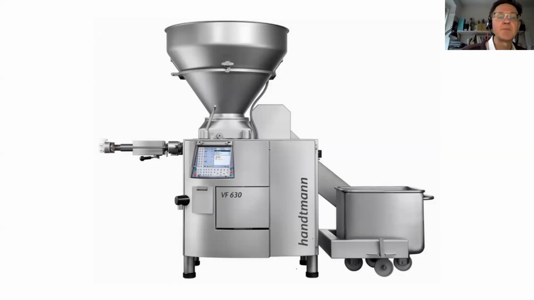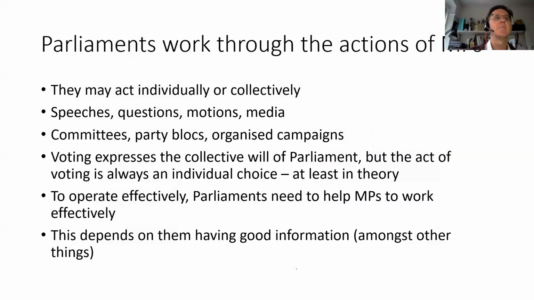Well, it's important to understand that parliaments work through the actions of MPs. They may act individually or collectively. They can make speeches, ask questions, etc. They can take part in committees. They can take part in the work of party blocks and so forth.